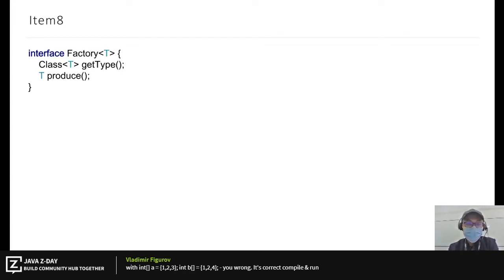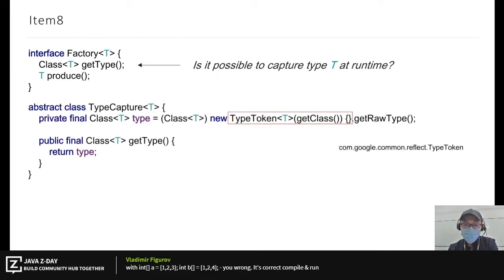Sometimes we want to get the parameter type, like in this example. But the question is, is it possible to capture it at runtime and automatically? Actually, it is possible. Google Guava has provided this TypeToken class, this API, which is essentially an implementation on top of Java's reflection API.